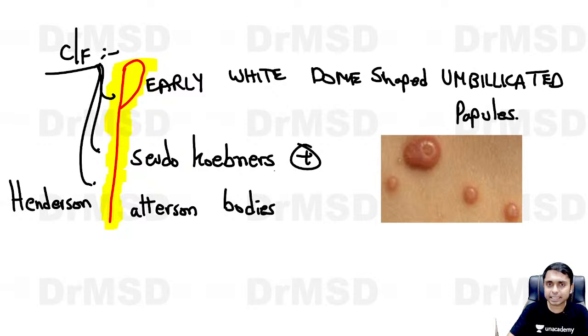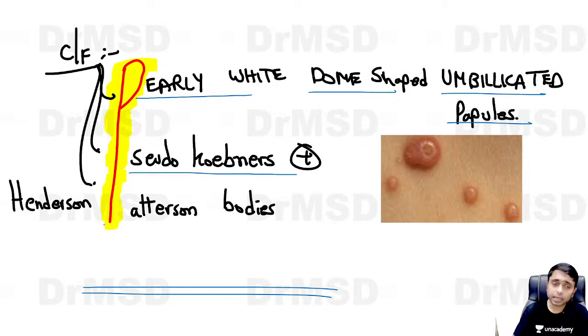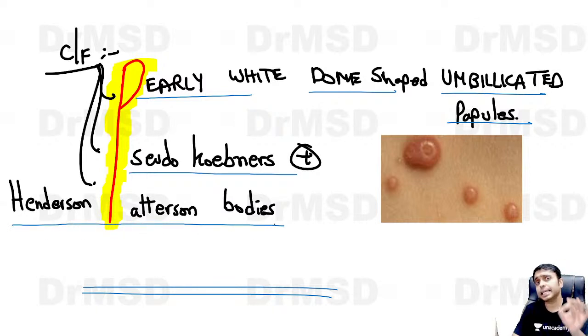And yes, can anyone tell me, this is the description given to these lesions. Can you now tell me what is the diagnosis which we are discussing? Yes, so pearly white dome-shaped umbilicated papules are there, which are showing pseudo-Koebner phenomenon, and if you take a histopath you are able to see intracytoplasmic eosinophilic inclusion bodies called Henderson-Patterson bodies.